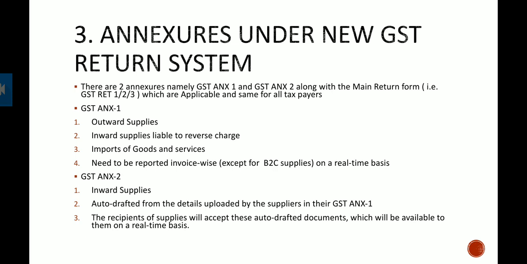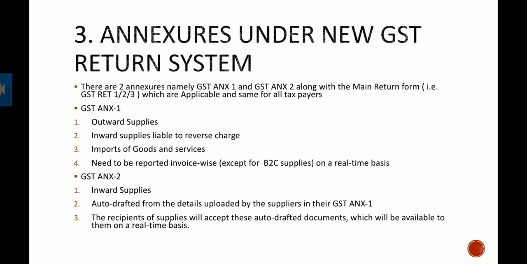Now, annexures under the new GST return system. There are two annexures along with the main return. These are GST ANX 1 and GST ANX 2. GST ANX 1 is in line with GSTR 1 in the current return filing system.